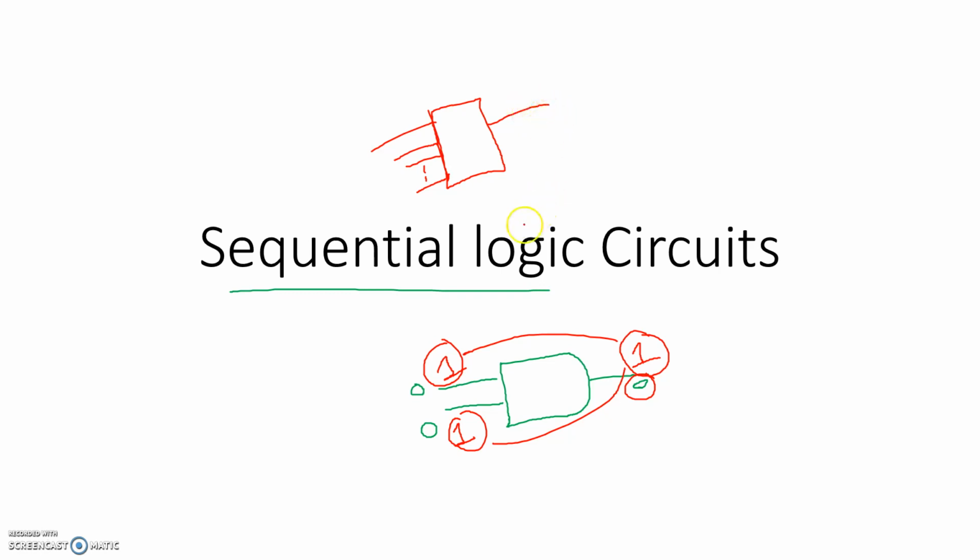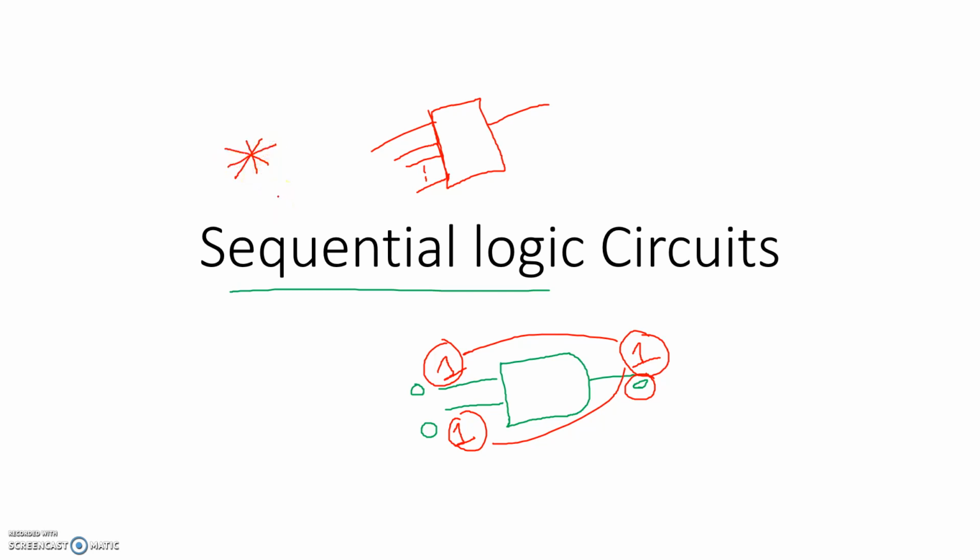So basically this is what a sequential logic circuit is. That is, for a sequential logic circuit we must need one memory element to store the output of the past, because our present output is dependent on the past output as well as the present input. So this is the basic difference between combinational and sequential circuits.